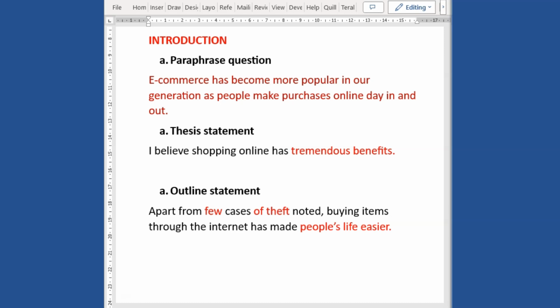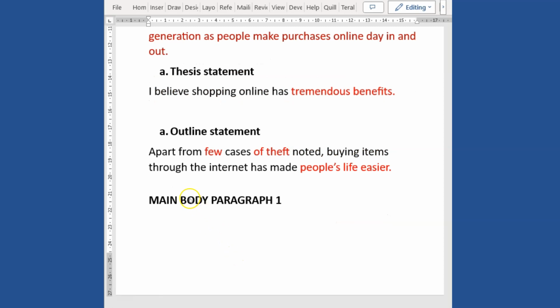Now, after the introduction, your second body paragraph should be the main body paragraph. So we've now moved on to main body paragraph 1, where we are going to talk about the view that we don't agree with. From our structure, the second body paragraph, which will be our main body paragraph 1, will argue or look at the view that we don't agree with.